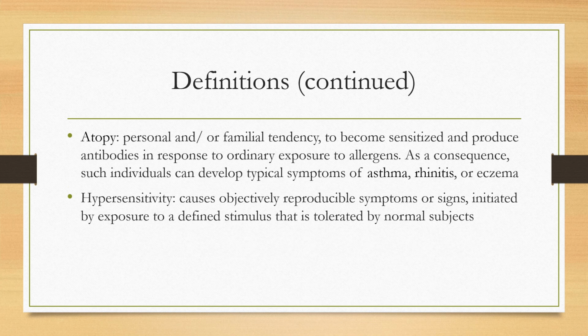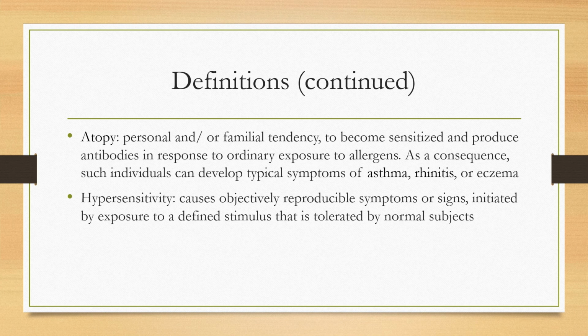Atopy refers to a personal and/or familial tendency. This means that a disorder or an allergic reaction will travel in families. It will live in families. For example, if one of your parents is lactose intolerant, then there is a very good chance that you may be lactose intolerant. If somebody is allergic to gluten or wheat, there is a very good chance that you may be also, or there may be other members of your family that have this same sensitivity.